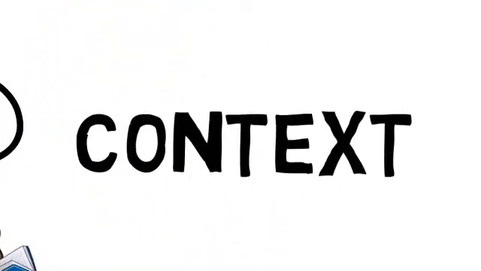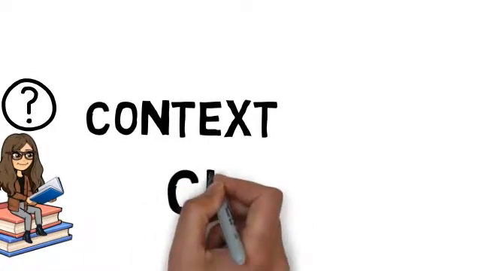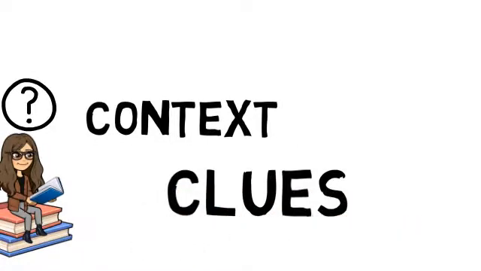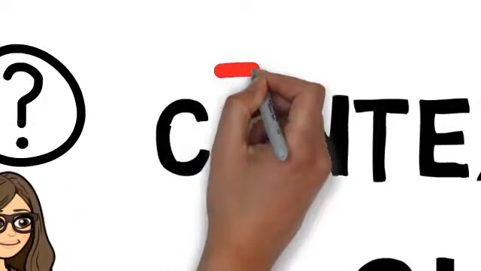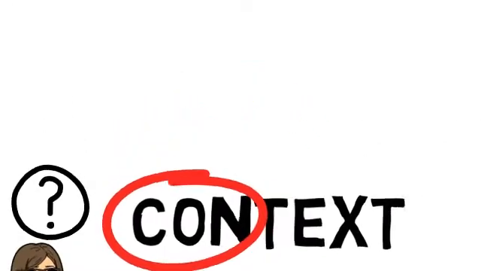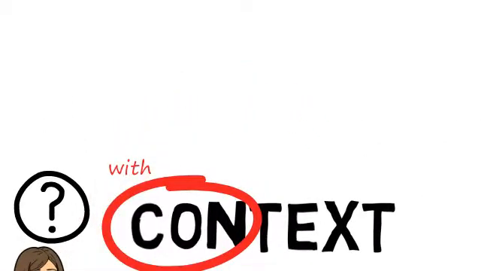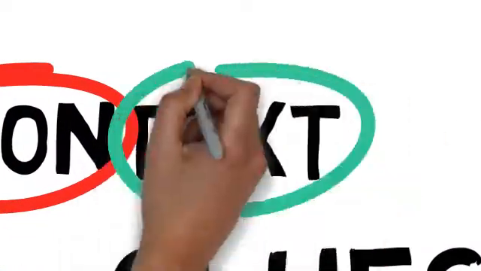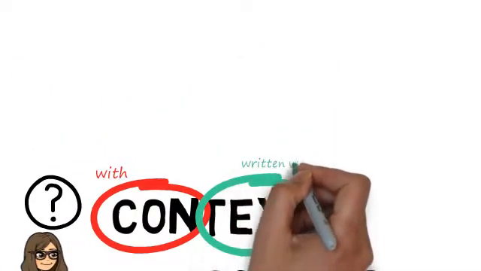In order to understand what context clues are, we need to understand what the word context actually means. The prefix con in the word context means with. It is Latin origin. The word text in context is also Latin and it means written words.